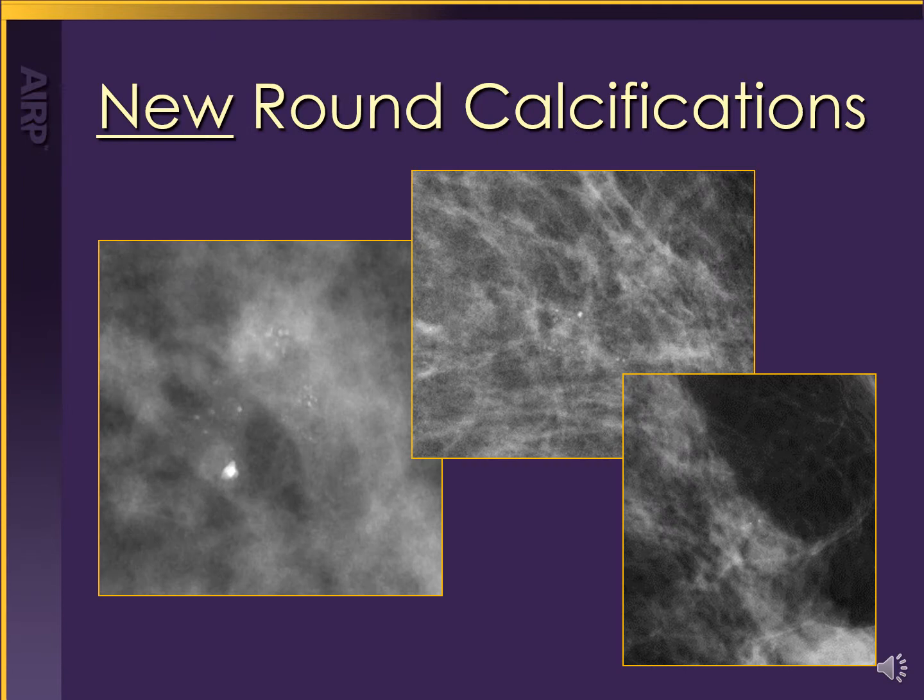When they are new, you have to be worried that they could be cancer. So which one of these do you think is due to DCIS? Did you make up your mind? I hope you picked that one. Actually, if you pick that, that's okay too. And actually that one too.